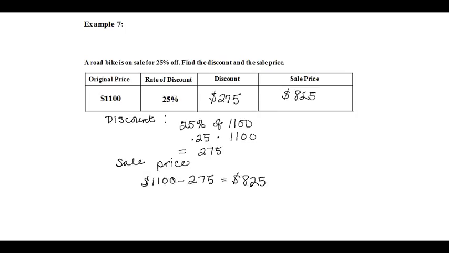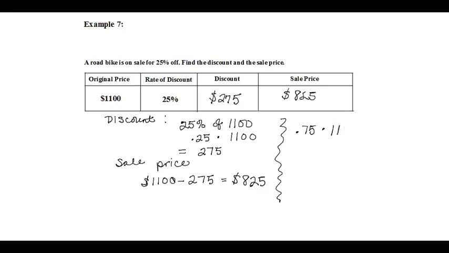Okay, another way to think about this, if this is confusing, then that's okay. You can just do it just like we did, but if the original price is $1,100 and it's at a discount of 25%, then that means we're only paying 75% of, so multiply the original.